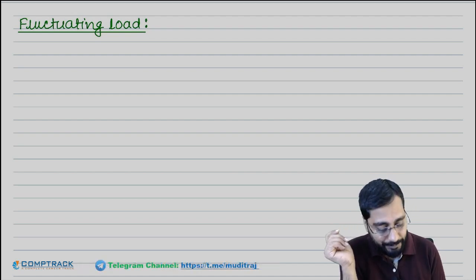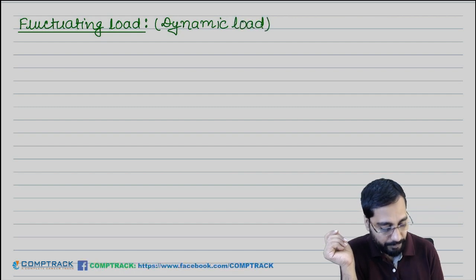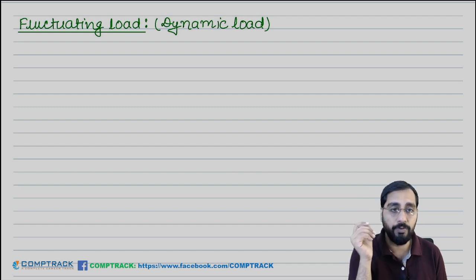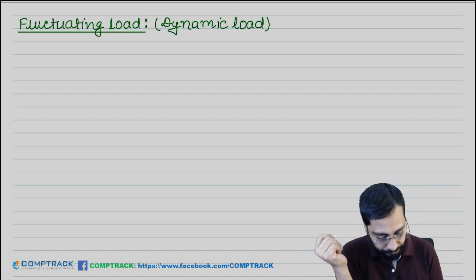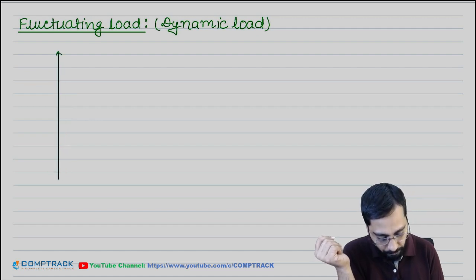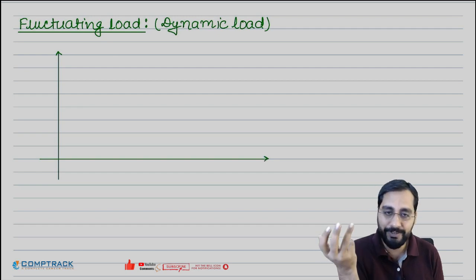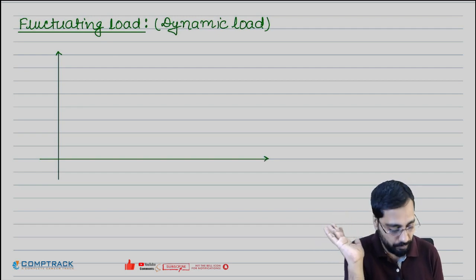This is the type of dynamic loading, yes or no? So in strength of materials, types of load we have seen. So dynamic load: here the magnitude and direction, or both of the load, when they change with time, it is called your dynamic load.